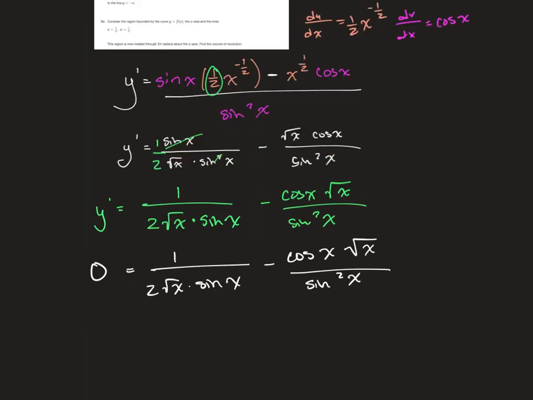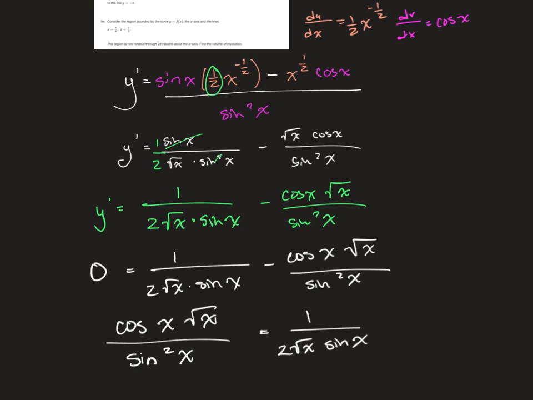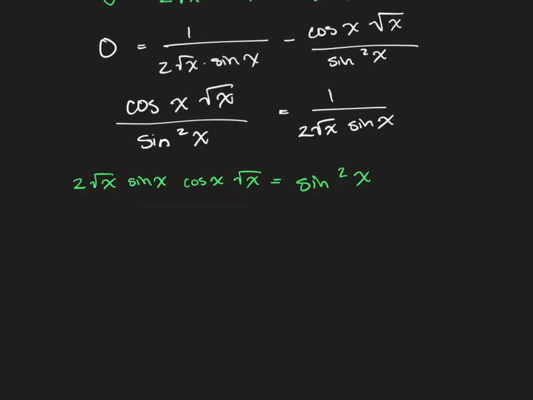Then we're going to set it all equal to 0 so that we can find out where that minimum is. I added this term to the other side. Then multiplying both sides by the denominator, sine squared got moved over here, and this guy got moved over here so that we could simplify a fair bit.